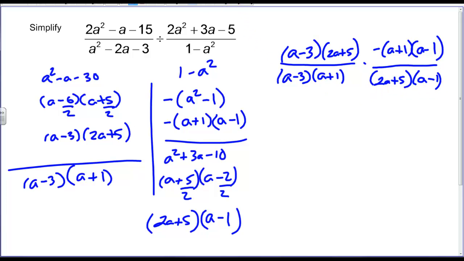Like factors reduce: a minus 1's go, a plus 1's go, 2a plus 5 goes, a minus 3 goes. Looks like everything went except this negative 1 here, so my final solution is negative 1.